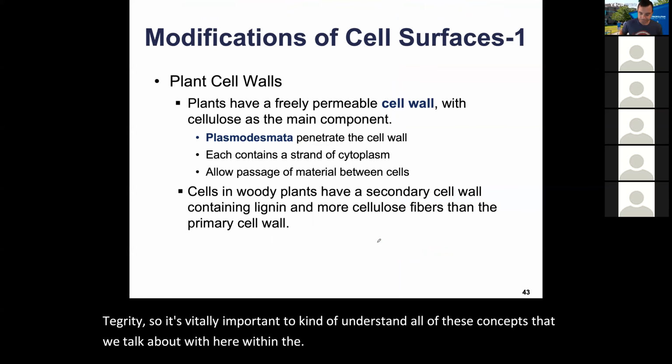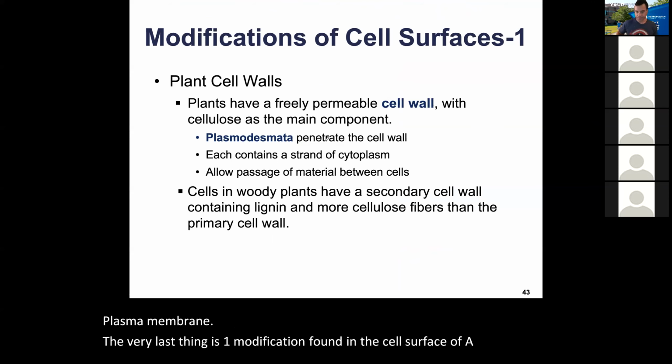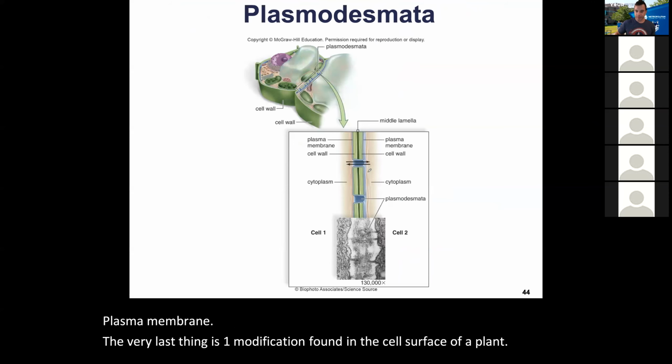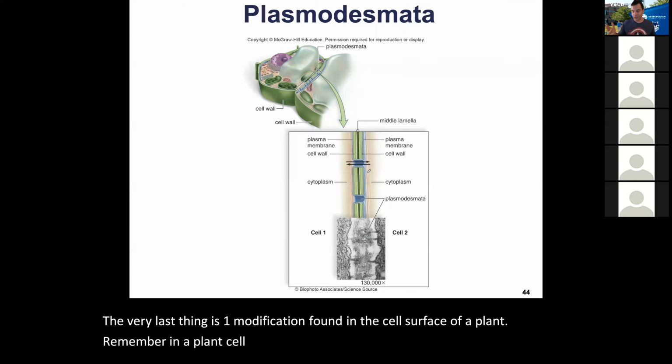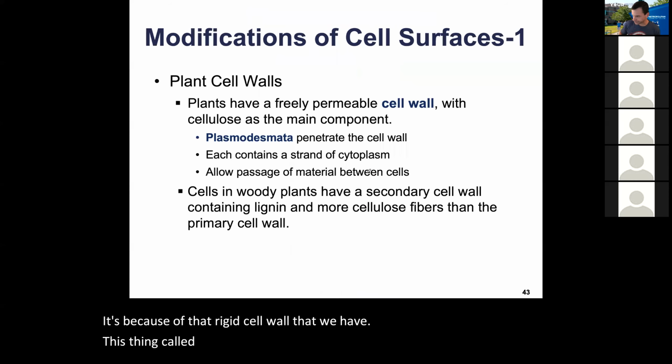The very last thing is one modification found in the cell surface of a plant. Remember, in a plant cell we have the rigid cell wall. It's because of that rigid cell wall that we have this thing called a plasmodesmata.